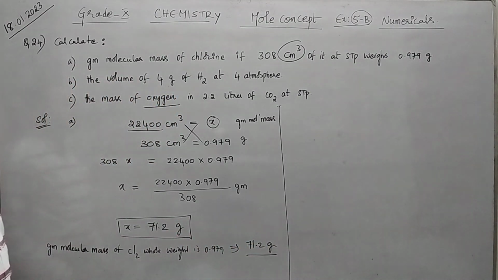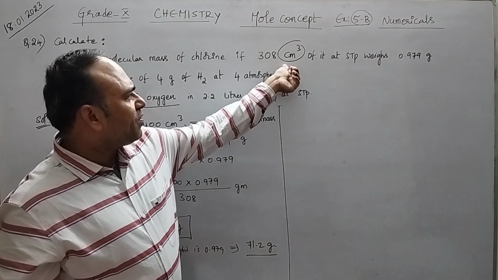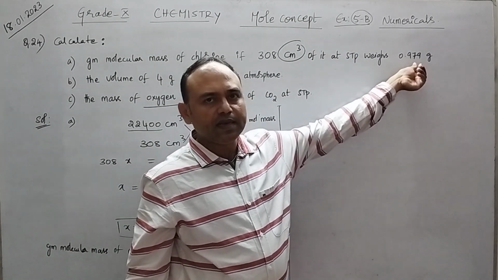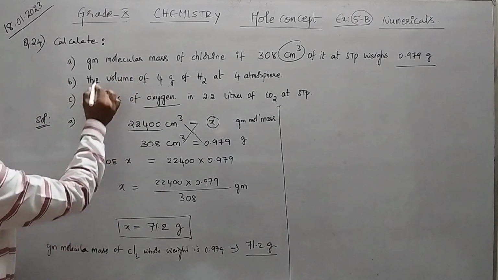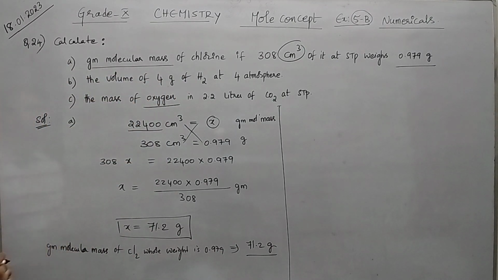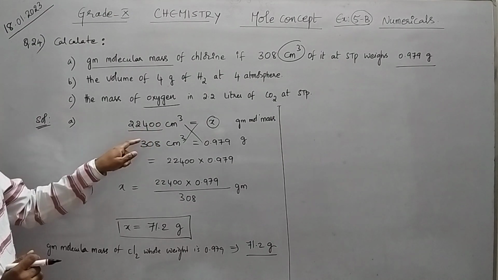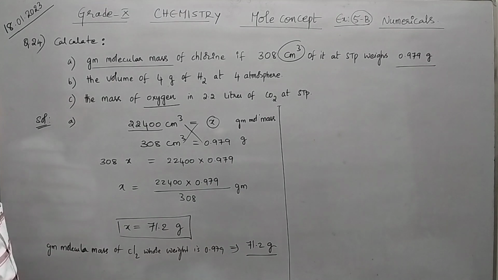Hope you have understood question number 1. Very simple. They have given a particular volume of 308 centimeter cube. It has mass of 0.979 gram. So how to get gram molecular mass? So always 1 mole or gram molecular mass has a volume of 22,400 centimeter cube. By equating that, you will get an answer that is 71.2 grams.